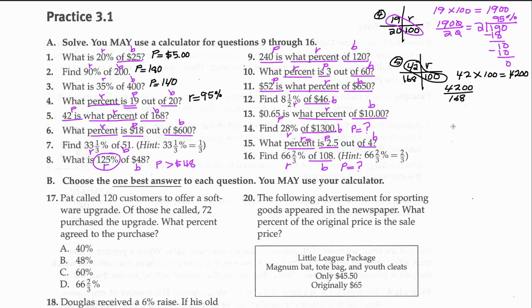Okay, now let's do that here. The 4,200 is written first, so it goes in the box. So put 4,200 here. Put 168 on the outside.